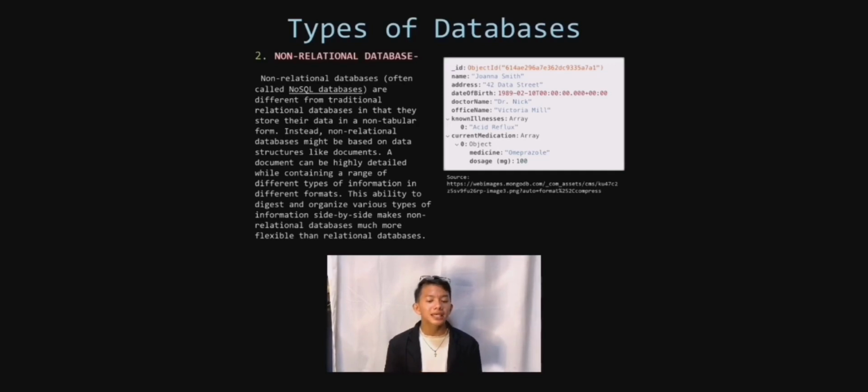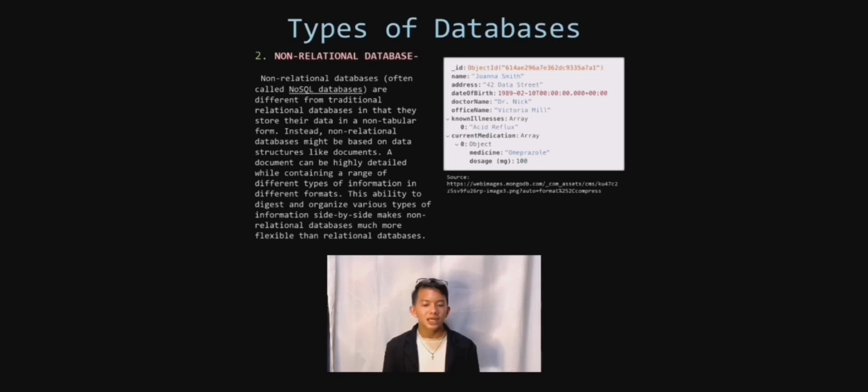A document can be highly detailed while containing a range of different types of information in different formats. This ability to digest and organize various types of information side by side makes non-relational databases much more flexible than relational databases. As you can see in the table or example, it's just like a document style, written in a document form.